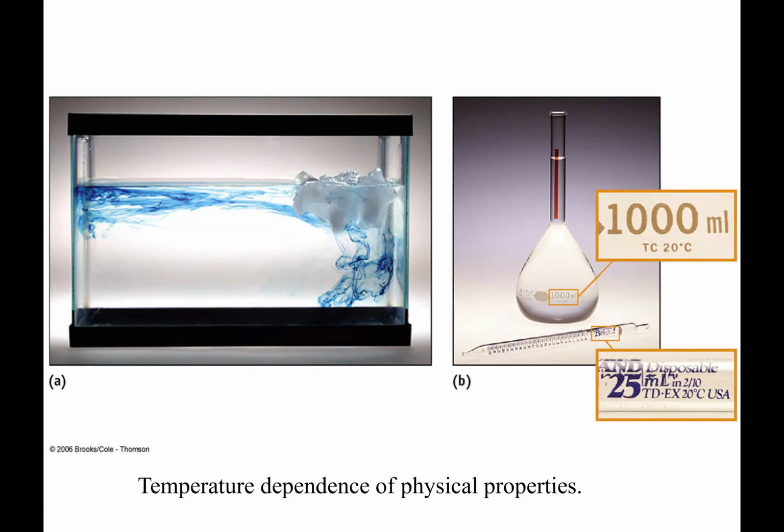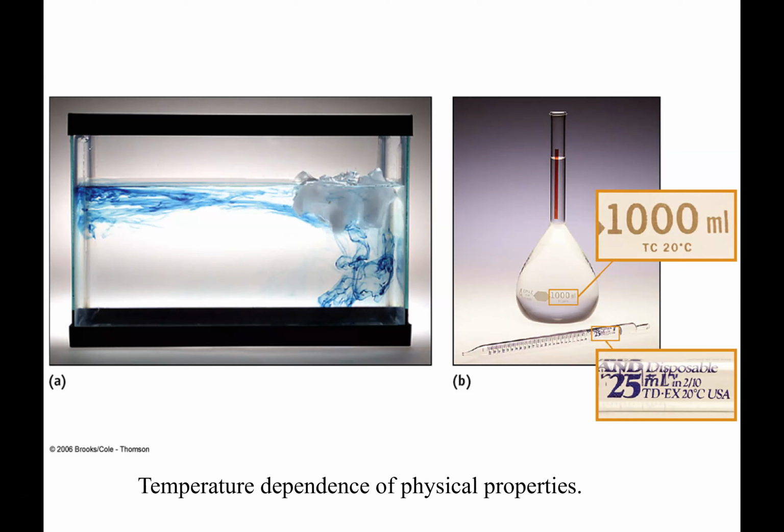So I mentioned that if you're talking about volume and density, you need to make sure we're all on the same page with regard to temperature. The glassware that we use in the lab, if it's a piece of glassware that measures volume very precisely, will say at what temperature it was calibrated. Anybody remember the name of this piece of glassware?